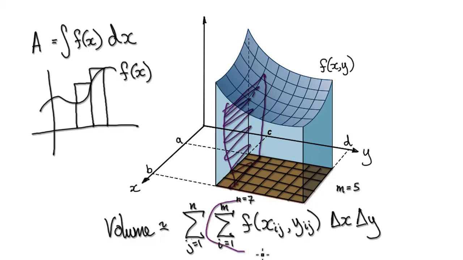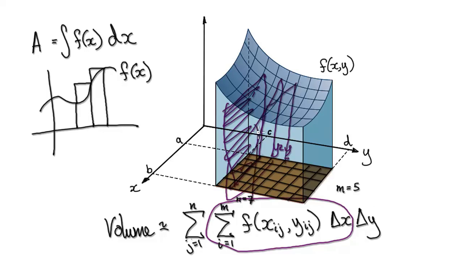So this thing here is like a sheet of paper. No matter where you are in the y location, y2 here, it will give you the area of the second sheet of paper. When y is 3 here, it will give you the area of the third sheet of paper, and so on. So when you merge it with this thing here, if you sum up all the sheets of paper together, it will give you the volume.